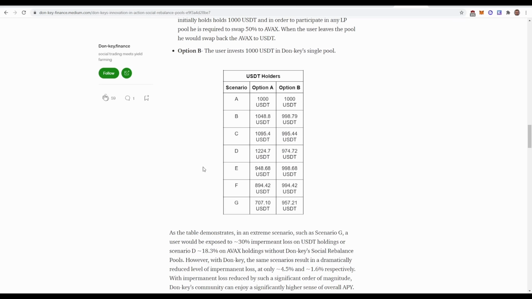But if we're scrolling down, the people on the USDT side, they would be losing out, right? So if AVAX drops 50% and they supplied $1,000, now they would have $700. So it would be good for the people on the AVAX side, it would be bad for the people on the USDT side. But what the balancer pool is then doing is they are redistributing the gains and the losses, basically socializing them. So pretty cool idea.